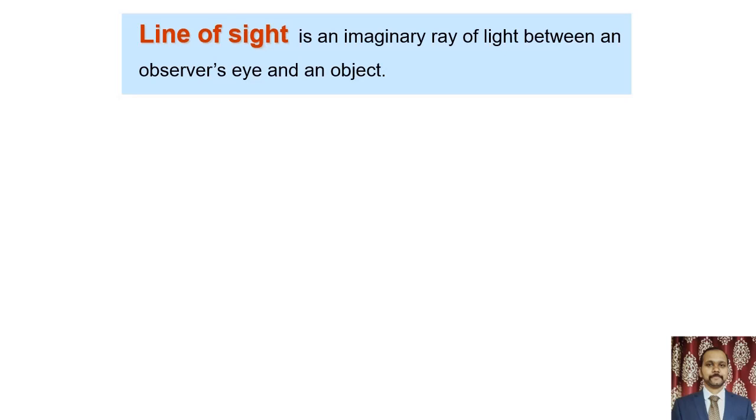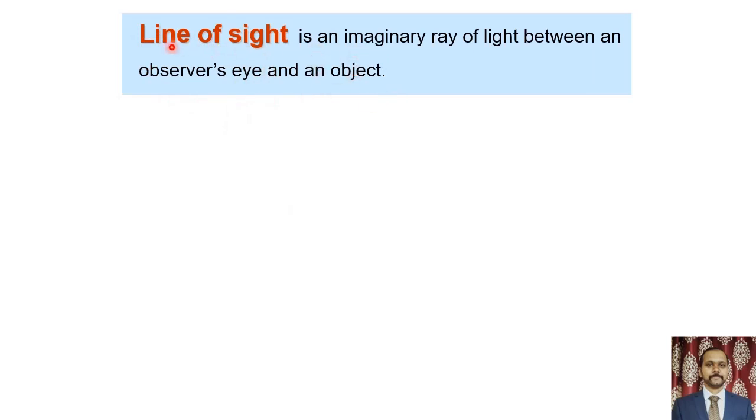So line of sight, what is exactly line of sight? This is just a concept to imagine, and it will help you to draw engineering drawings. Line of sight is an imaginary ray of light between an observer's eye and the object. Now you have to become familiar with these two concepts, the observer and the object.